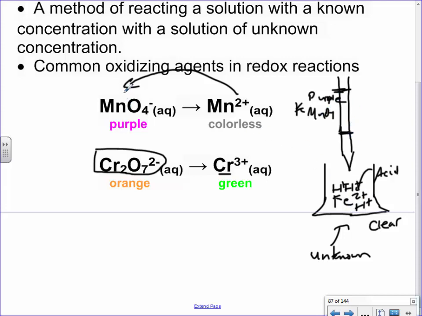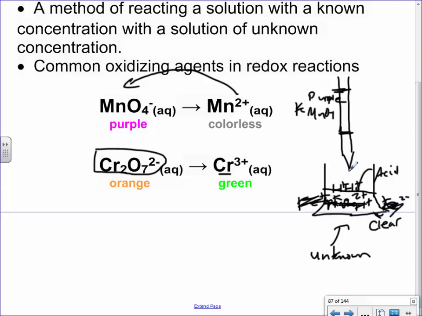Well, what ends up happening is your purple stuff turns colorless. As you add your drops of purple in, it should be purple, and then instantly it's going to start turning clear, kind of like normal titrations do. Eventually you had some irons in here, and you had some purple in here. Eventually, this one gets used up, and this one gets used up, and now there's no more iron left.